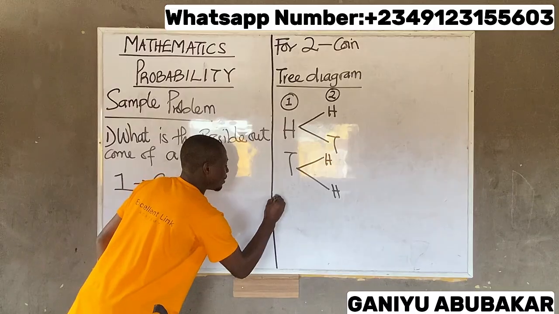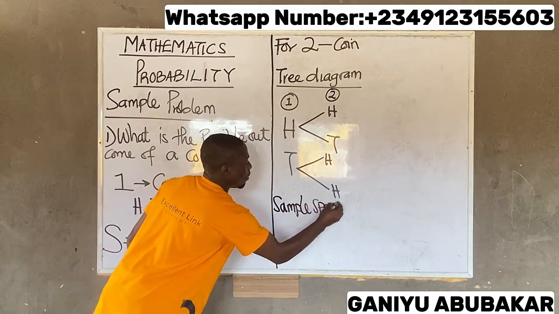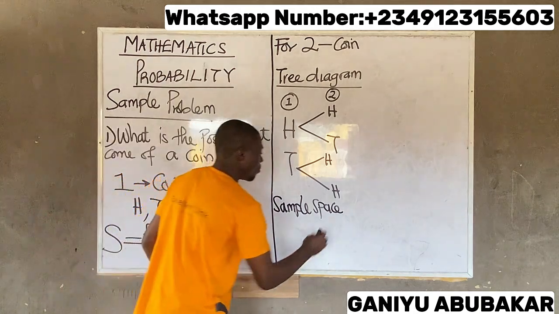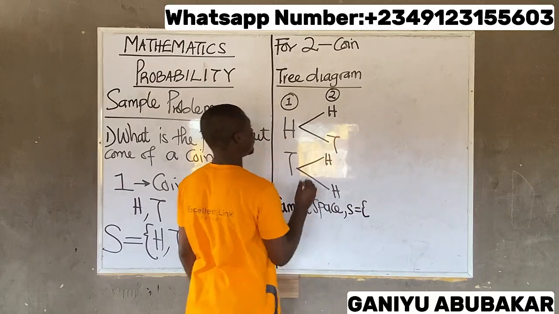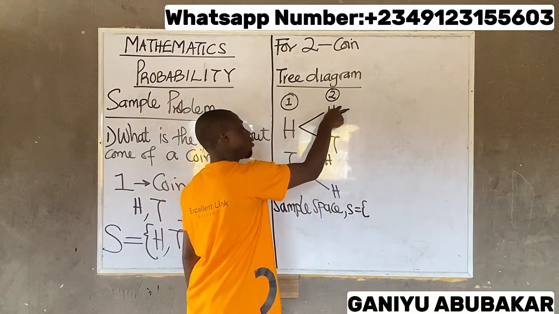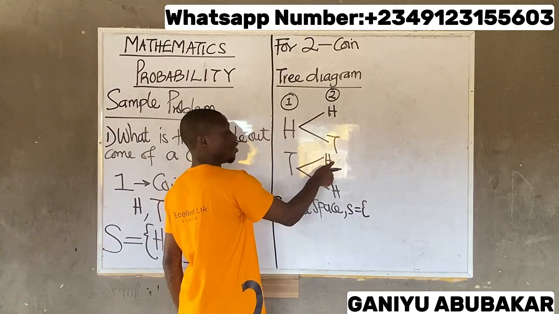And what will be the sample space? I can use S to represent it. S is equal to what? What's the sample space for two coins? Here's how you do it. Head and head, comma. Head and tail, comma. Tail and head, comma.